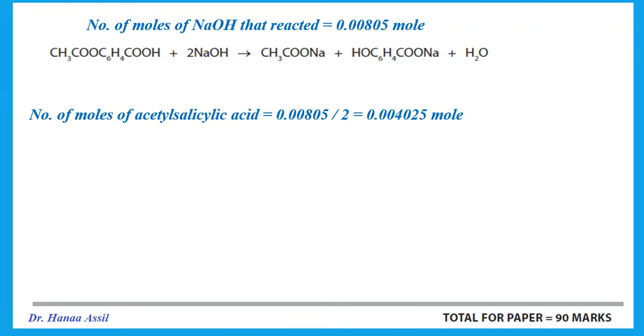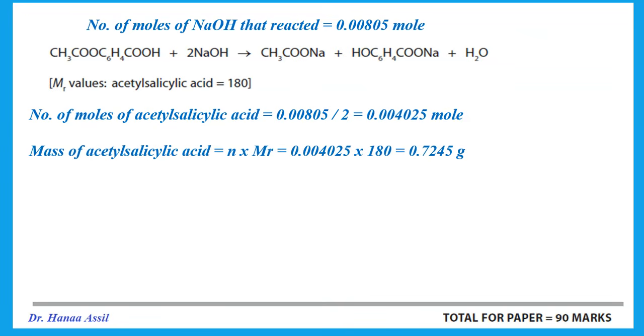From the equation, it will be half the number of moles of sodium hydroxide that reacted. And we have the MR, so we can get the mass of the acetyl salicylic acid, number of moles times MR. So this is the mass that we got from the acetyl salicylic acid.